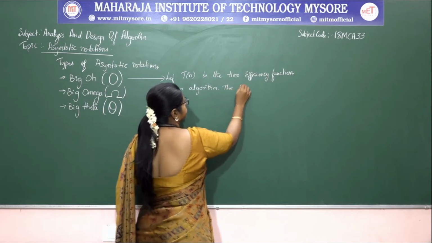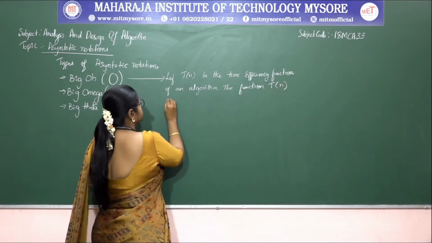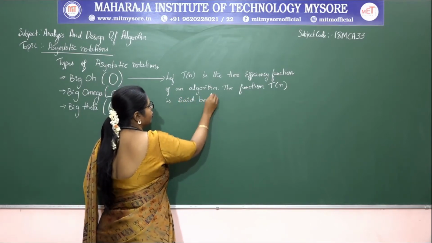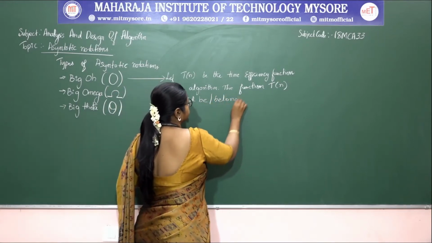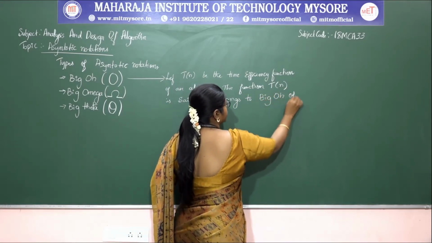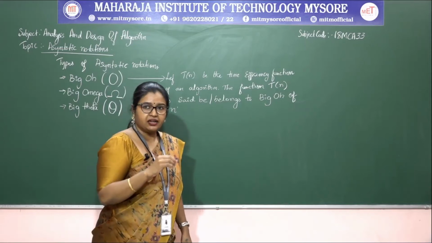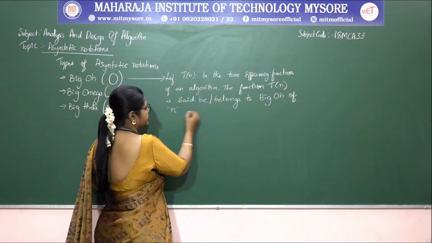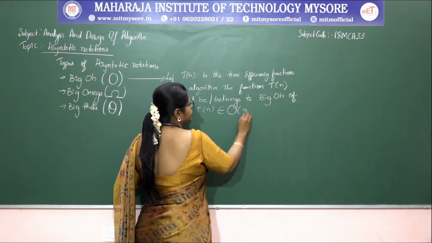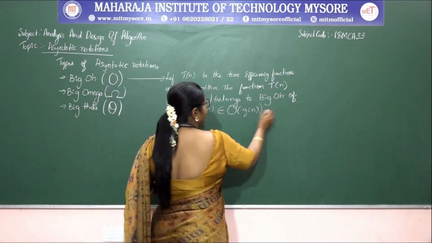The function T of n is said to belong to big O of g of n if and only if.